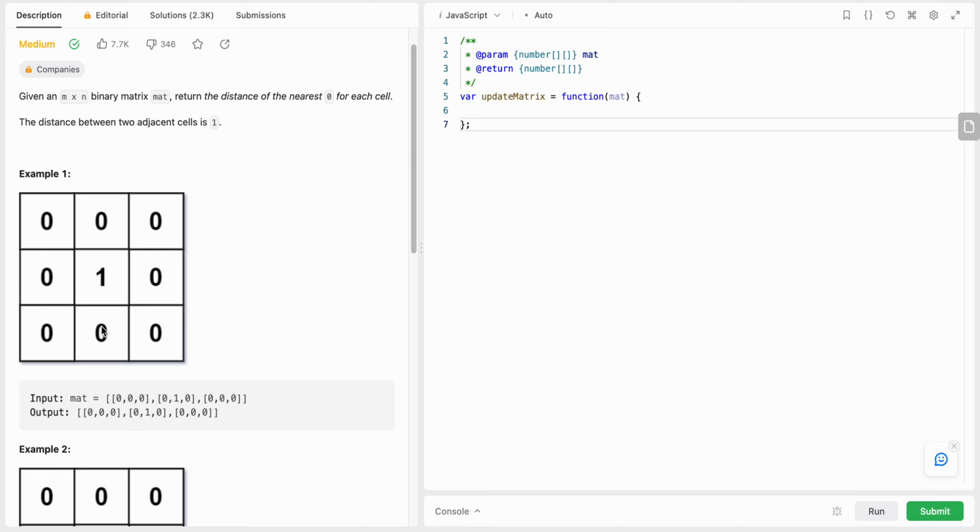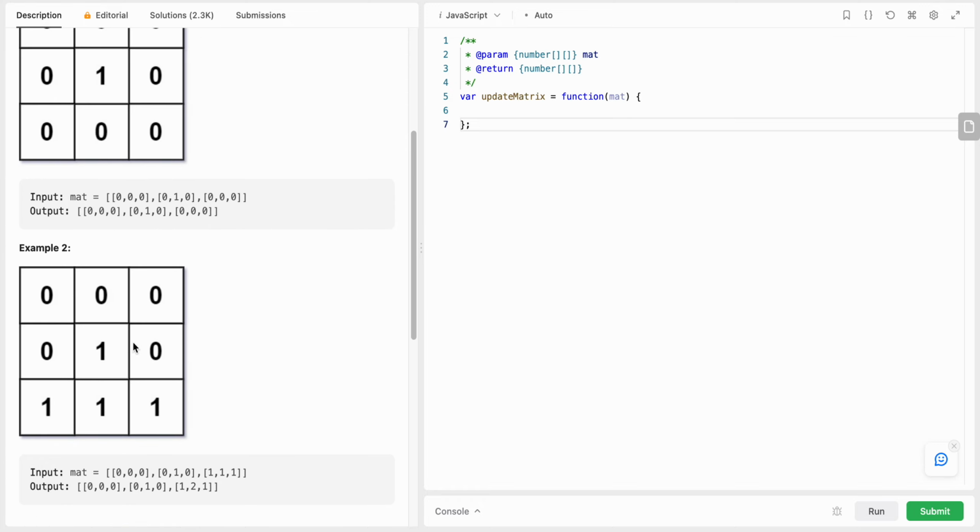Also, one more hint given to us is to find the distance of the nearest 0. Nearest means breadth first search gives us the nearest value first. So whenever a question asks to find the nearest or the shortest distance, we use breadth first search, because that gives us the solution the quickest way, and that is the shortest one.